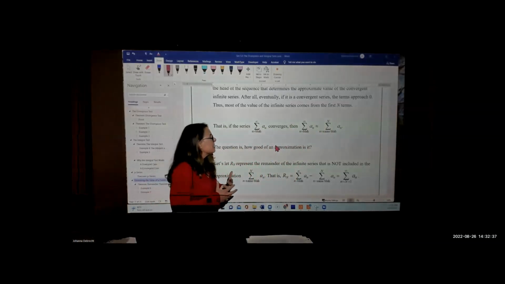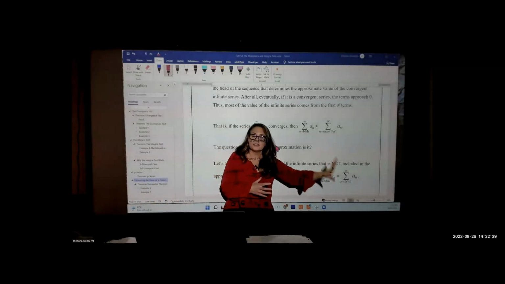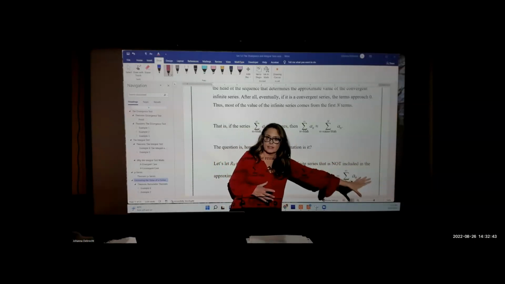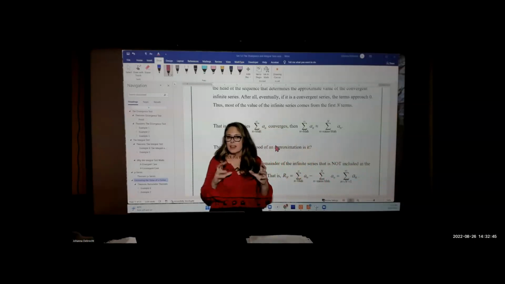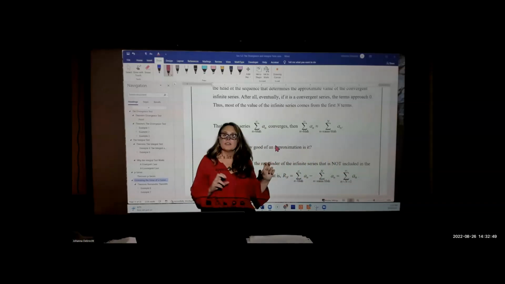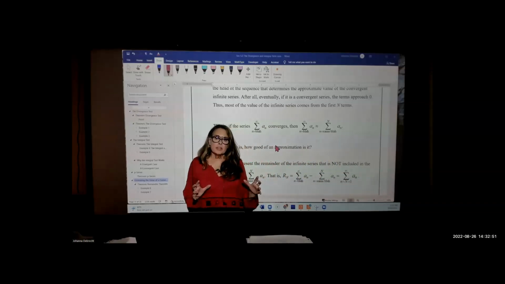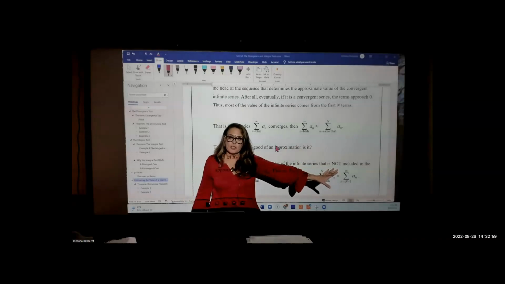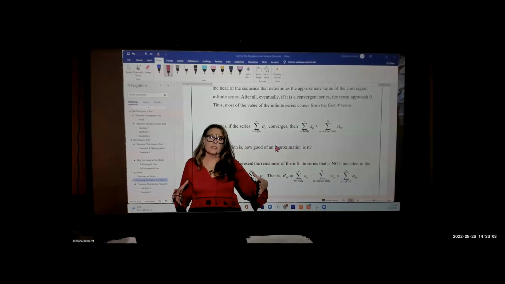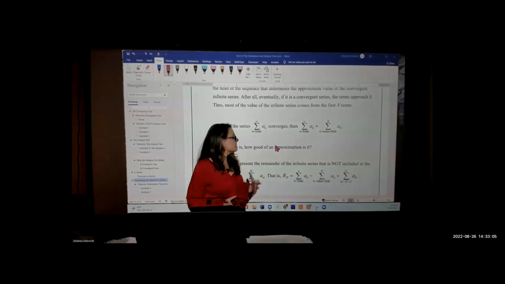Well, since all the terms in the sequence have to eventually go to 0, the tail has to be practically 0, not exactly 0, but practically 0. Then the actual value of the sum has to be coming mostly from the head of the series. The tail determines convergence or divergence, but it's the head that really determines the value of the infinite sum.